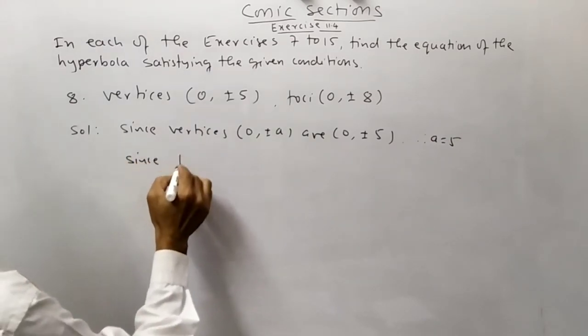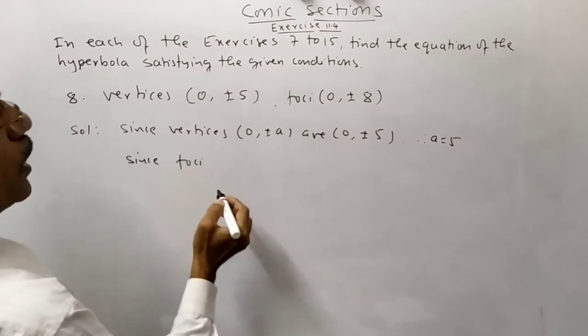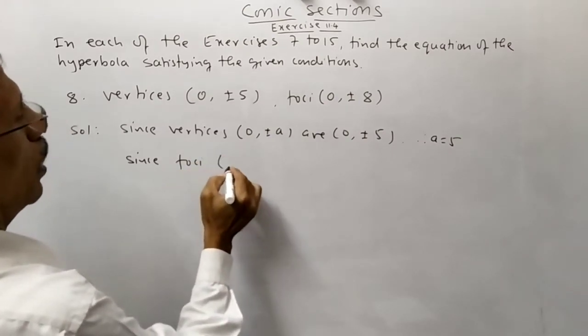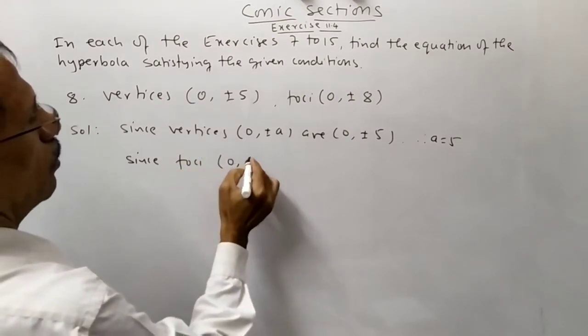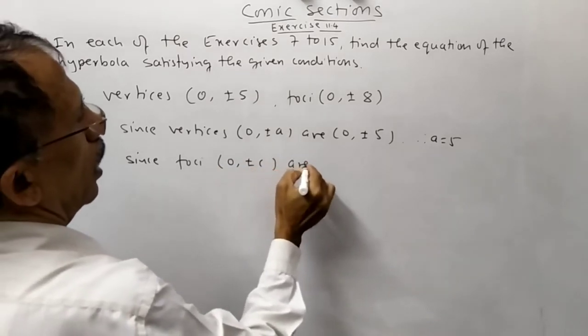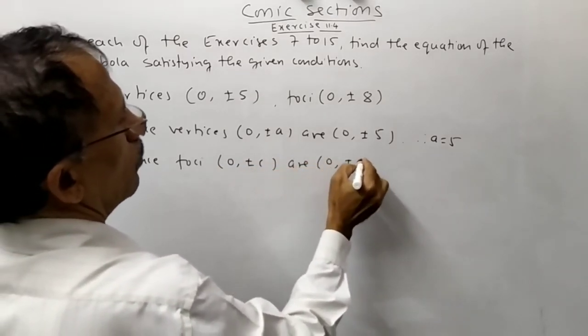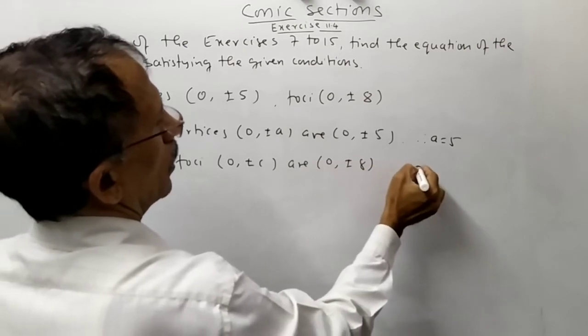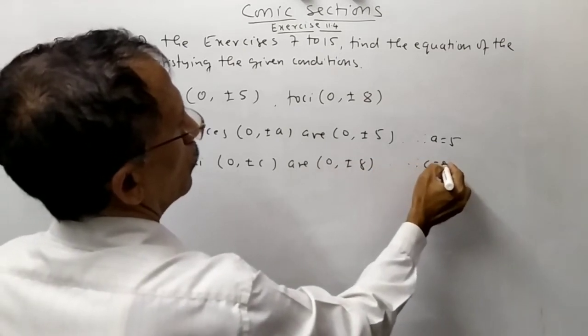Since foci coordinates 0 comma plus or minus c or 0 comma plus or minus 8, therefore c is equal to 8.